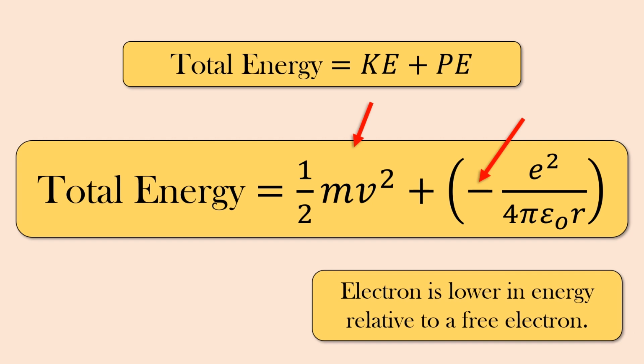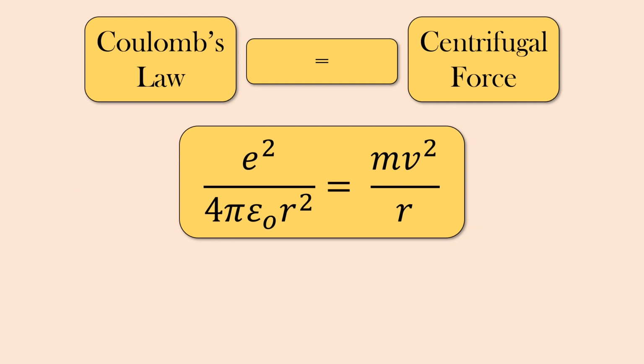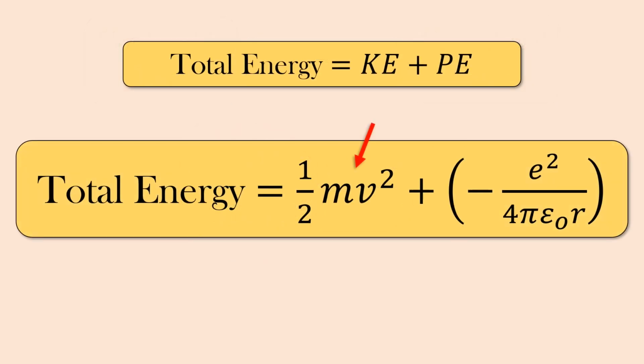Let's go back to the Coulombic centrifugal force relationship. Recall, one radius term cancels. Notice the mv squared term remains. It appears to be the same as the potential energy term, but with the opposite sign.